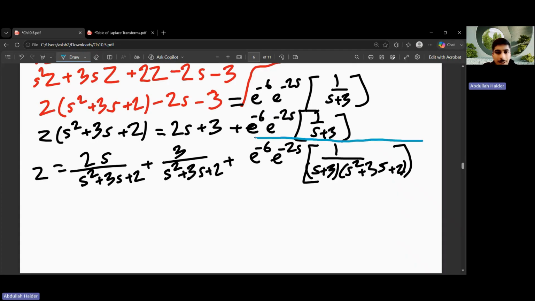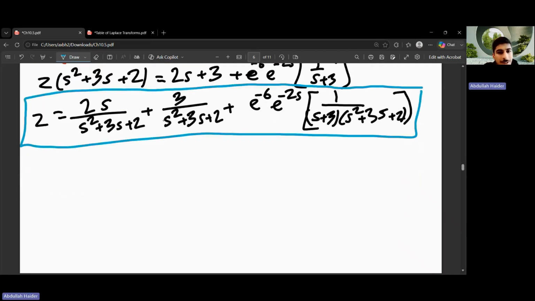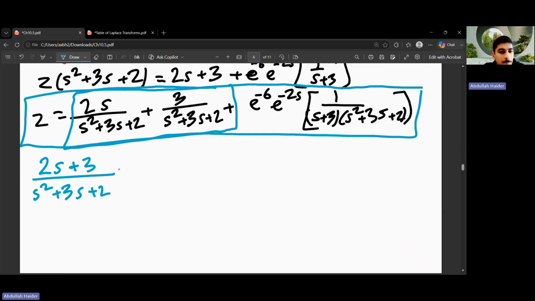We need to find the Laplace inverse. And we can actually combine these two together. You can combine this and write (2s+3) over (s² + 3s + 2), which is also the same as (2s+3) over (s+2)(s+1).